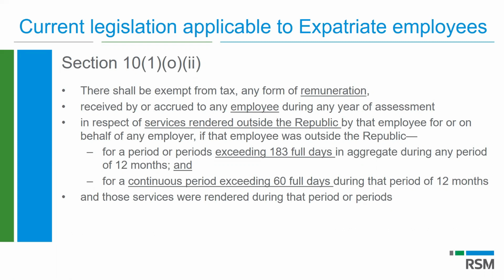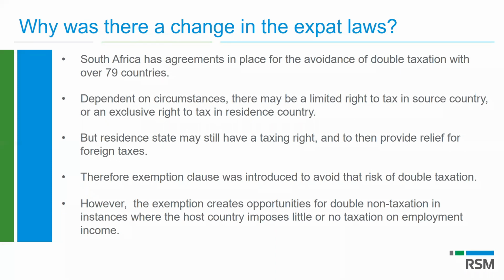Now that we should have a clearer understanding of the current law, we can try and understand why there was a need to change these expat exemption tax laws. So South Africa has agreements in place with a number of countries for the avoidance of double taxation. These are what are commonly referred to as the double taxation agreements.